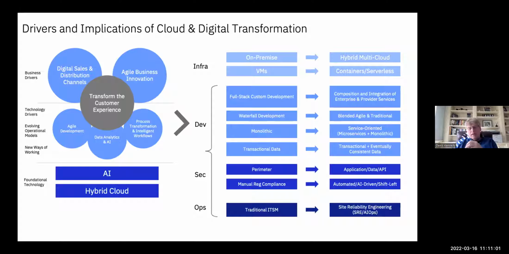When you start to look at the developer or the development processes or the developer persona in all this, traditionally we were in a waterfall model, full stack custom development.